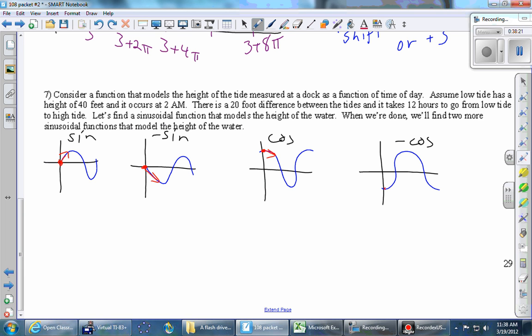If you were a negative cosine, then you would have just flipped over and started at the bottom. So you're going to find one of these 4 possibilities for every trig modeling thing I give you. You just have to look at where a natural starting place is and then pick sine, negative sine, cosine, or negative cosine. Like on the quiz today, you guys made a choice.